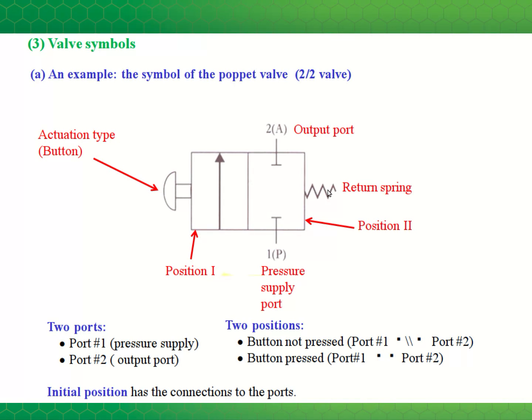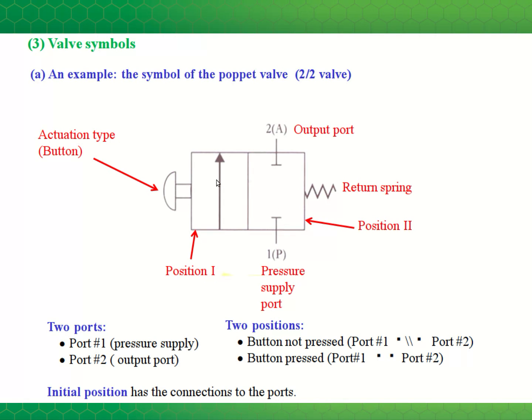So you can sort of think of the actuator pushing the symbol so that the symbols inside the rectangle or inside the box line up with the port. So here we have the return spring pushes the rectangles this way so that the valve is in this position so that the ports line up with these T's.